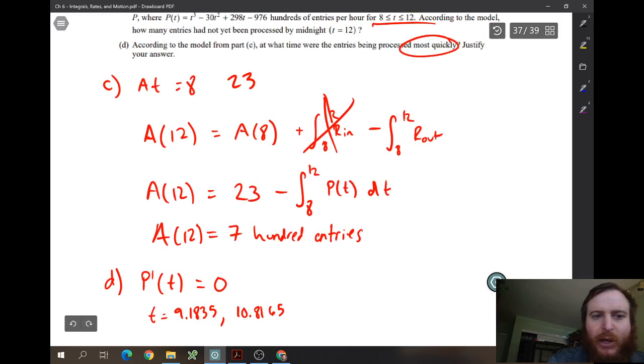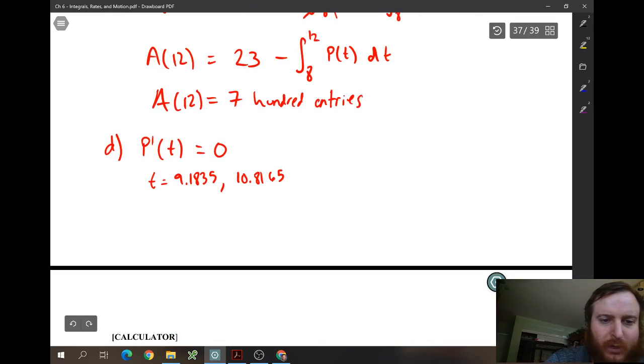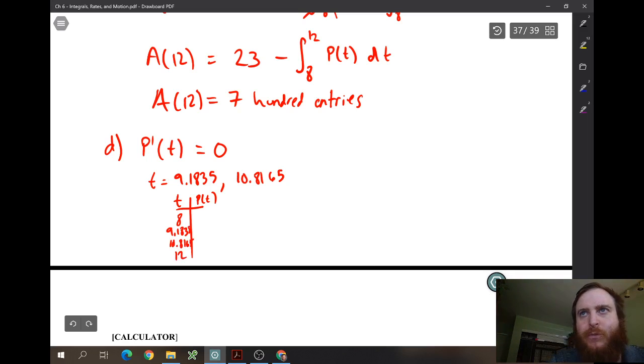And so we want to know the very absolute max, because if it's on an interval, like between 8 and 12, we need to do the absolute max. So we're going to do the integral from t, and then here it would be P of t. And we're going to do 8 is our first endpoint, then 9.1835 is our first critical point, 10.8165, and then 12 is our ending position. And so we're literally given the formula for P of t.